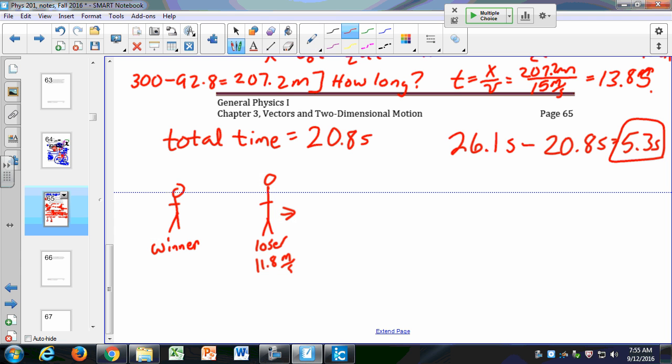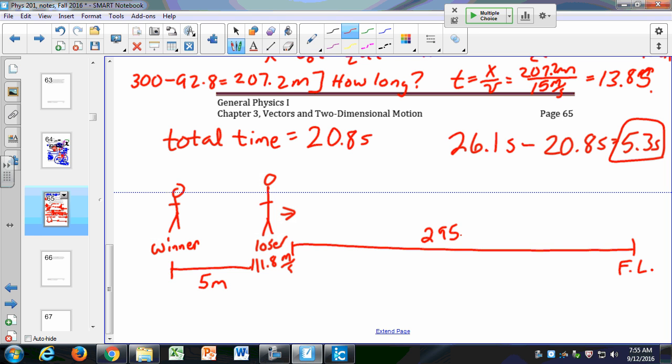So we know this distance is 5 meters. So the distance to the finish line, we know to be 295 meters, because we know that this guy is a total of 300 meters. So the loser needs to travel 295 meters to the finish line.